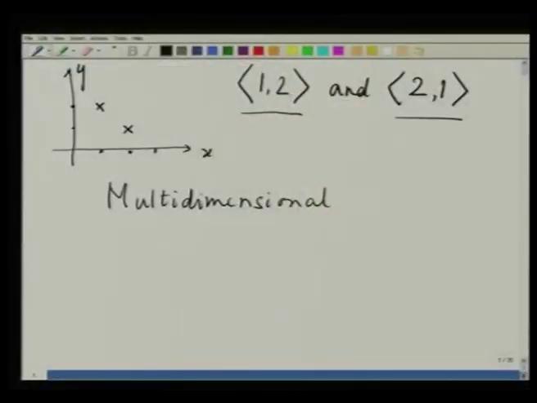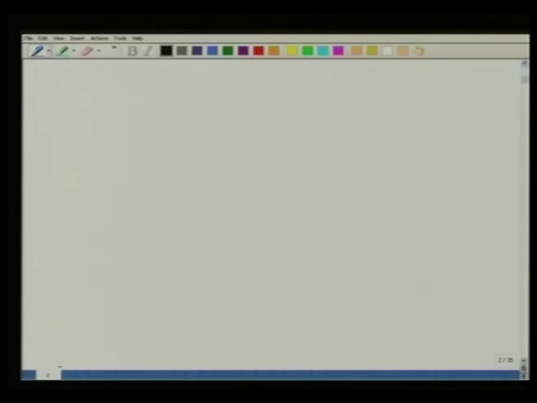Now, moving on, we will now talk about the range of a signal. The range of a signal is the set out of which the signal takes values. The temperature at a point in a room is a number which has the units of degrees centigrade or degrees Kelvin, whatever.